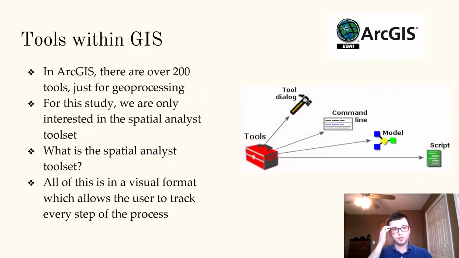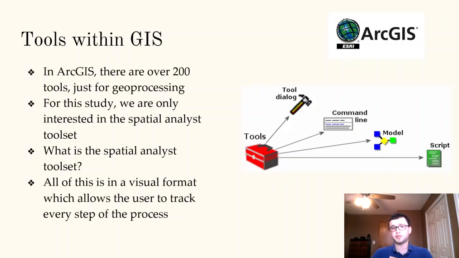So some tools within GIS. In ArcGIS, there are over 200 tools just for geoprocessing. For this research, we are only interested in these geoprocessing tools, which are more along the lines of spatial data. Basically, what geoprocessing is, we are given a large raster data set, and we want to break that raster set down and visualize it.